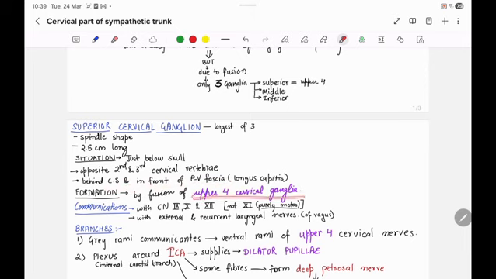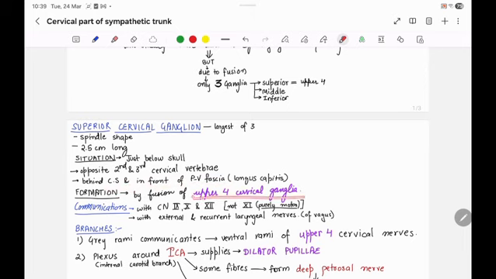What are its communications with the cranial nerves 9, 10 and 12? There might be a question in your mind, why not the 11th, the spinal accessory nerve? Why not a connection with that? Because that nerve doesn't carry any sympathetic fibers. It is purely motor, and there are communications with the internal and recurrent laryngeal nerves, which are of the vagus only.